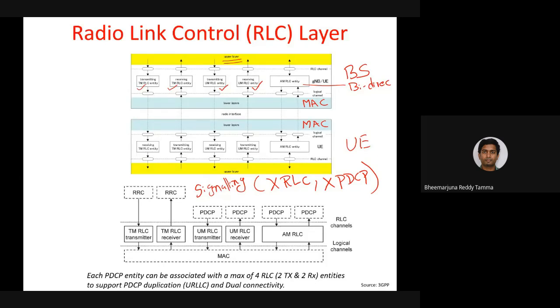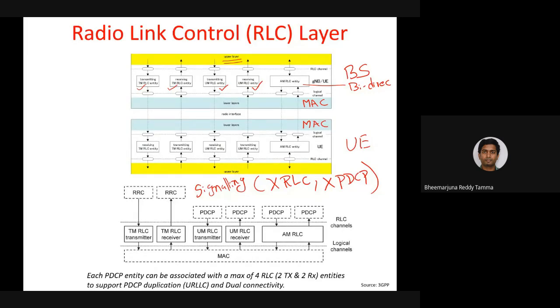Let's say I was talking about the case where you are establishing a new QoS flow. For that, you have to establish a bearer or modify the existing bearer. In that case, we have to send these RRC messages from the base station to the handset.